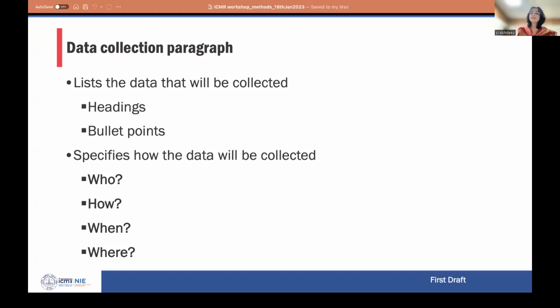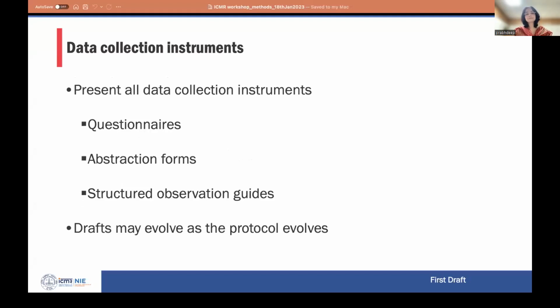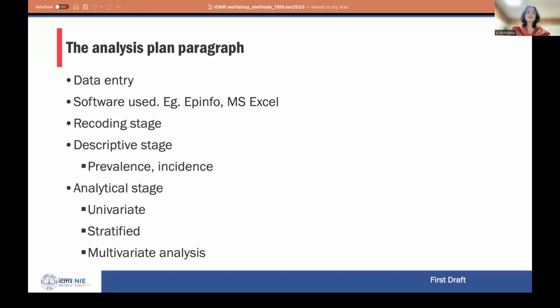Is it community-based data collection? Is it facility-based data collection? Who will collect? Are you going to train some particular staff, or so on? And then you have to describe what instrument, and these instruments go as your annexures. So if you're using any questionnaire, abstraction forms, any observation guides, and so on, give them as annexures.